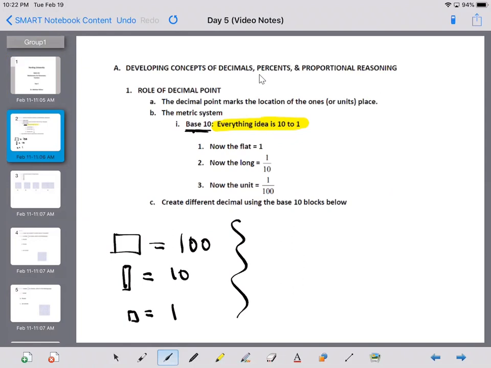So now notice we're just changing all of that with our decimals, and now the flat represents 1, and the long represents a tenth or 10 hundredths, and the unit represents 1/100th.